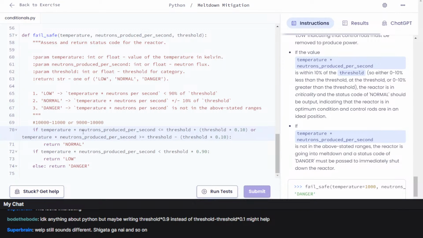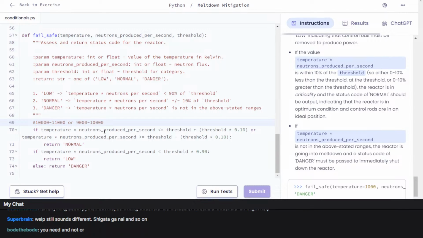I asked, is temperature times neutrons produced per second less than or equal to 11,000? Not in the range of 10,000 to 11,000. I asked, is it less than 1,000? And then I asked, is it greater than something like that. It says I don't know. I just didn't give a range. Really?